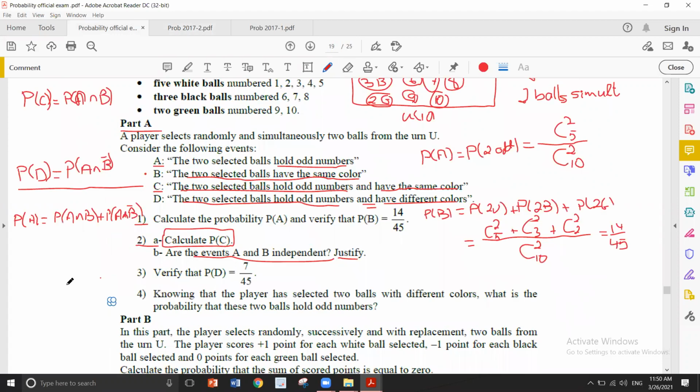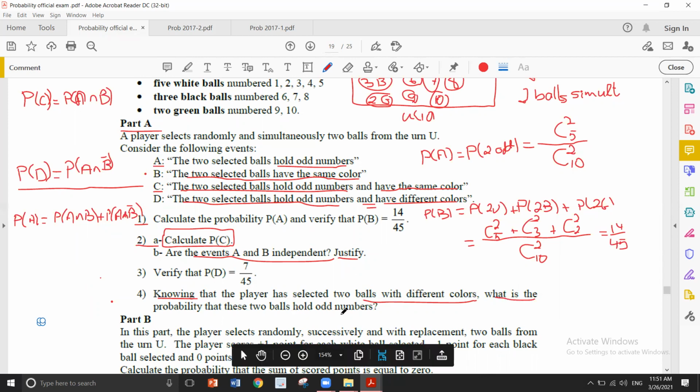Part 4. Knowing that the player has selected 2 balls with different colors, what is the probability that the 2 balls hold odd numbers? What we are going to determine, probability of what? Knowing that, I use the slash.